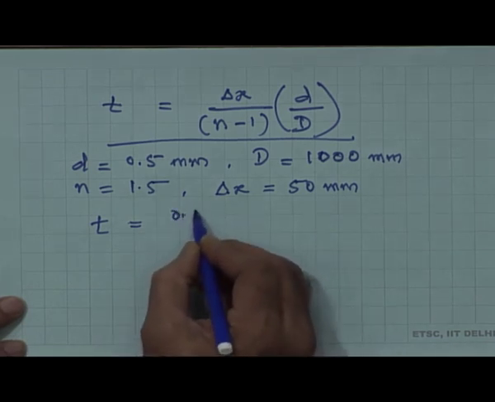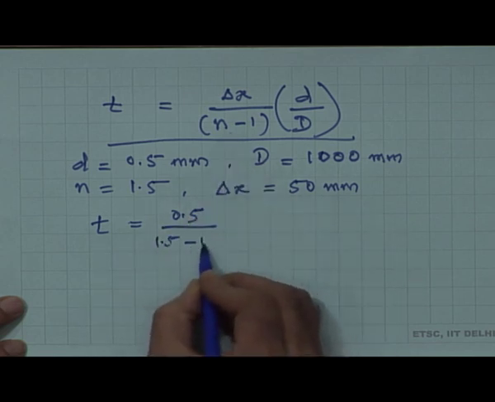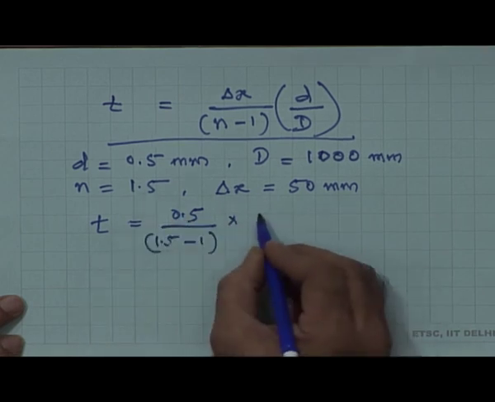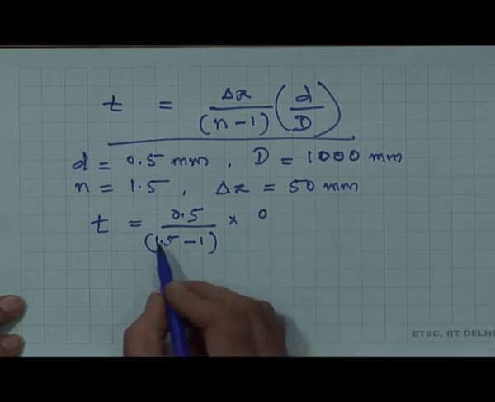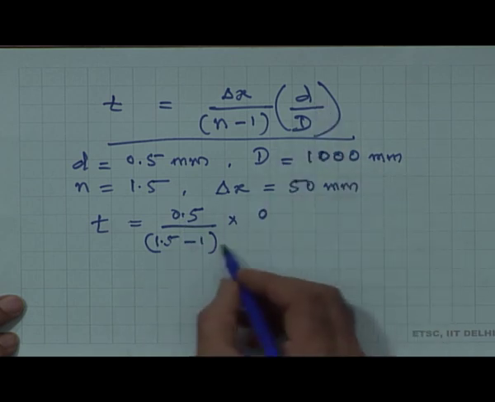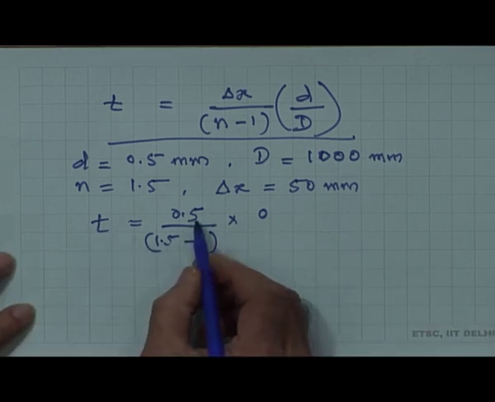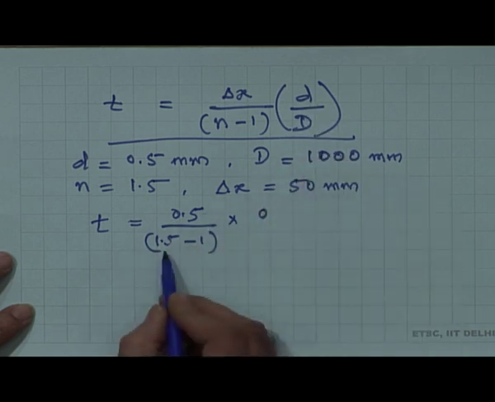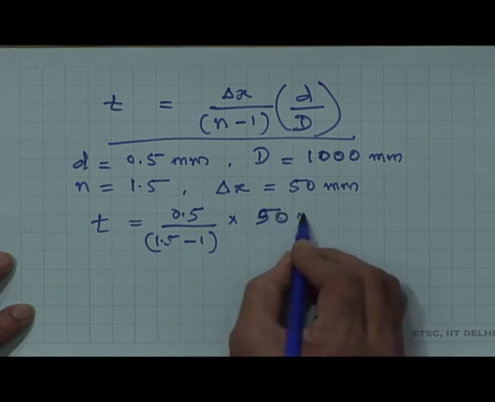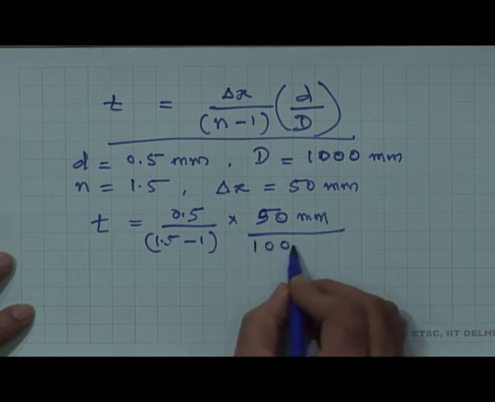So, this is equal to d, small d, 0.5, divided by n minus 1, which is 1.5 minus 1, into delta x, here 50 mm, divided by capital D, which is 1000 mm.